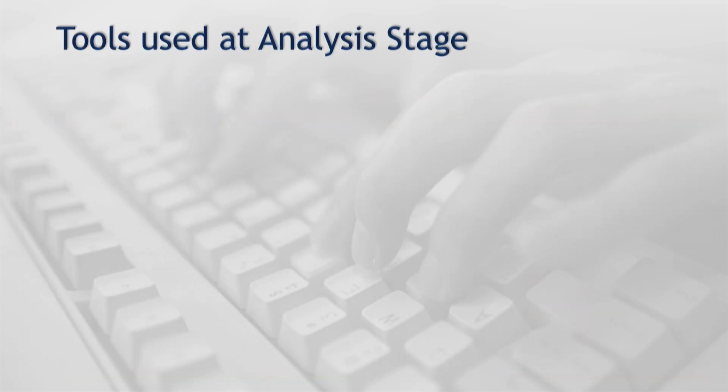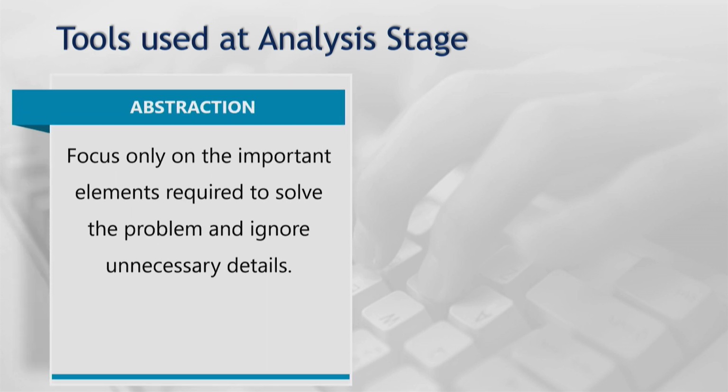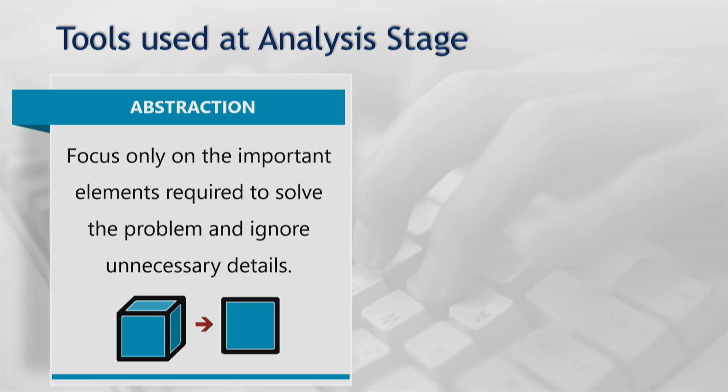Two tools, or we can say two techniques, are used to carry out the tasks at the analysis stage. These are: first, abstraction. The developer uses abstraction to focus only on the important elements required to solve the problem and ignore the unnecessary details.